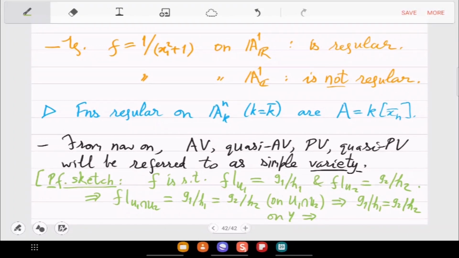So that's equal to some g by h, which will imply that h is a constant. When it is in reduced form, g by h has to be in the polynomial ring. Then g by h ultimately has to be a polynomial, because if there is a genuine h sitting there, then it has a 0. That's a contradiction.